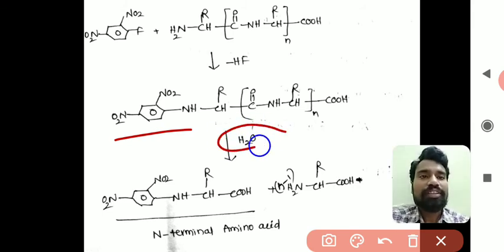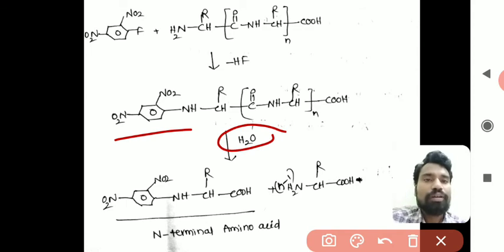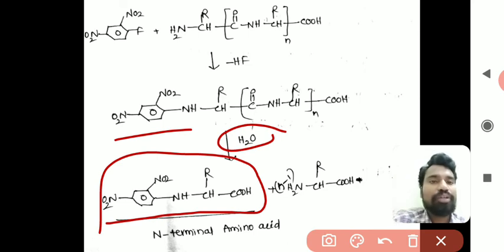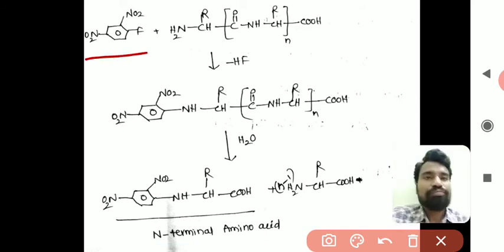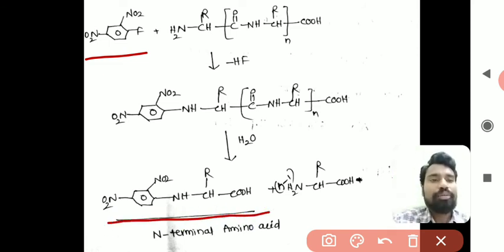Then by hydrolysis, the N-terminal amino acid attached to the 2,4-dinitrophenyl group will be separated, and the remaining amino acids in the protein will be hydrolyzed, right? So the N-terminal amino acid attached to the 2,4-dinitrophenyl group can be identified easily. So by using 2,4-DNFB, nothing but Sanger's reagent, we will be identifying the N-terminal amino acid.